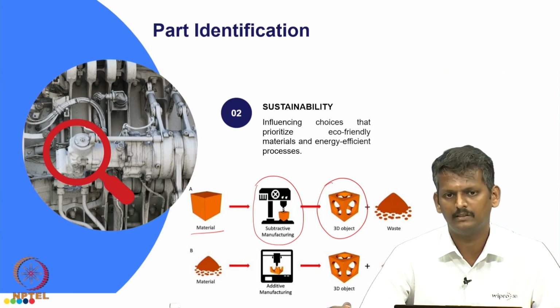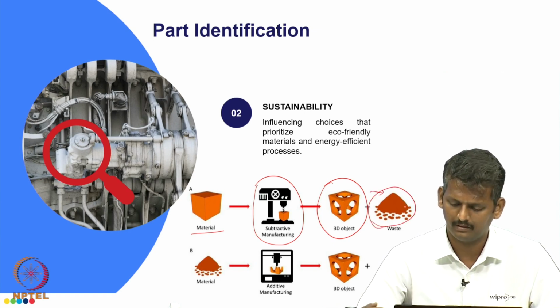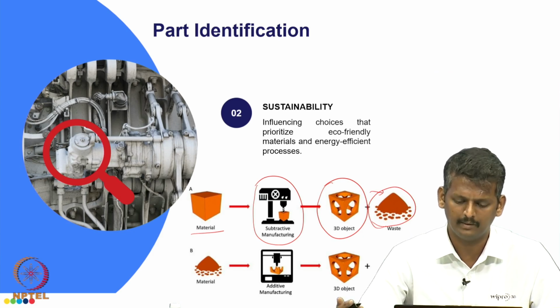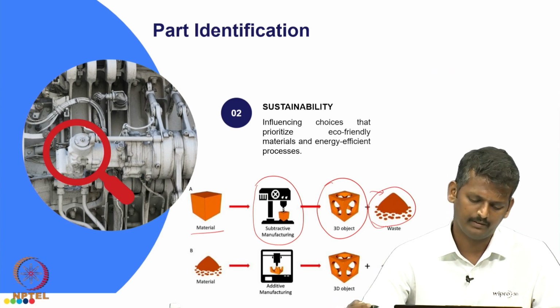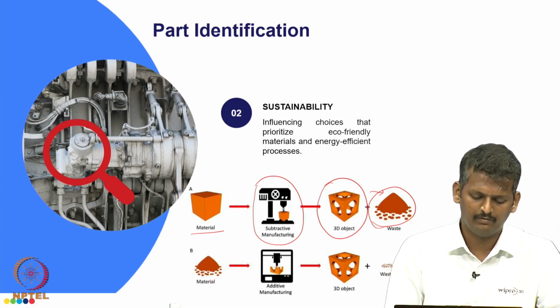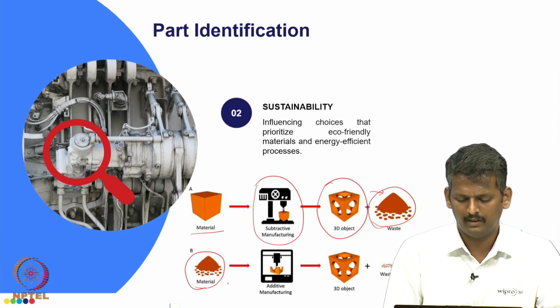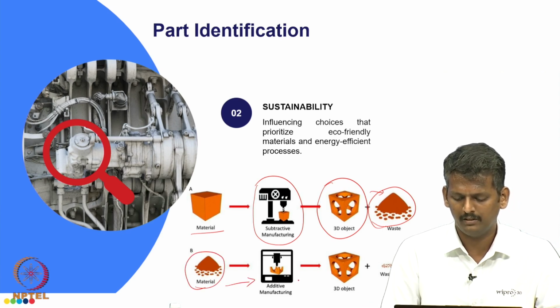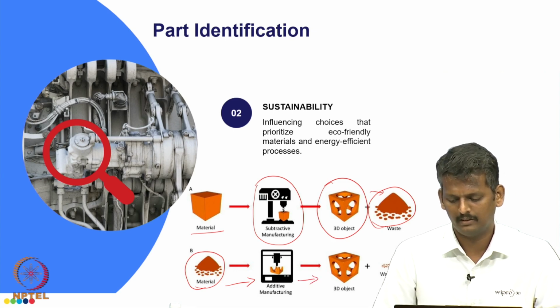But since it undergoes a subtractive manufacturing method, some waste material is taken out. This is a very huge amount of waste taken out from the billet of material. But when it comes to additive manufacturing, we use only the material required for our purpose, give it to additive manufacturing, and then we get the product.